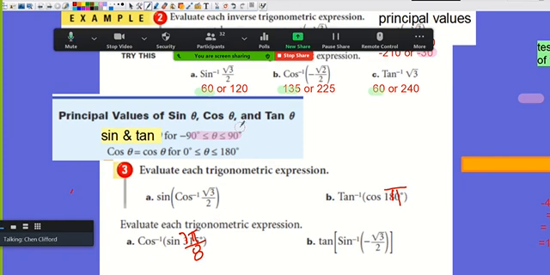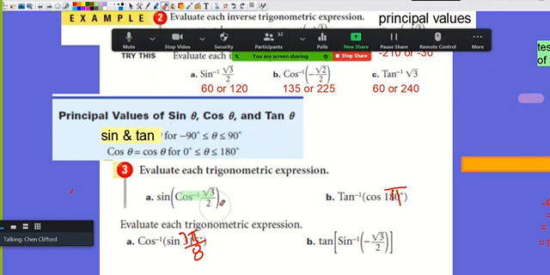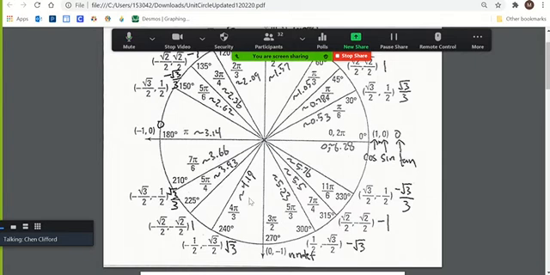Okay, let's start with A. Now, inverse cosine of root 3 over 2. Where does that land us? Let's look at our unit circle.